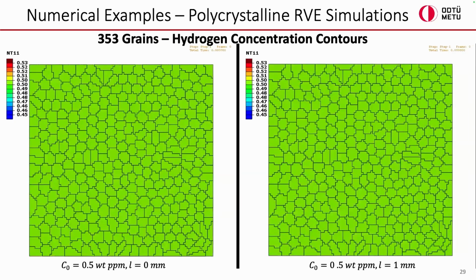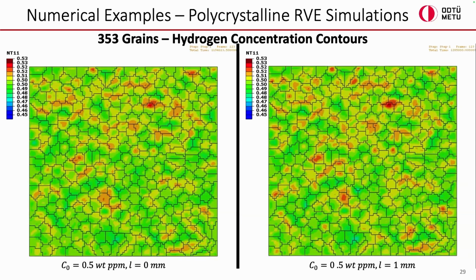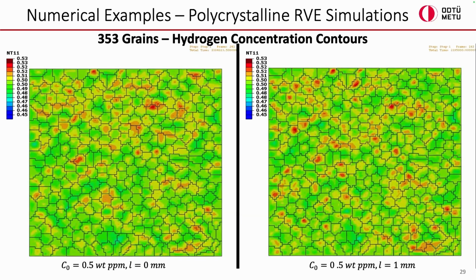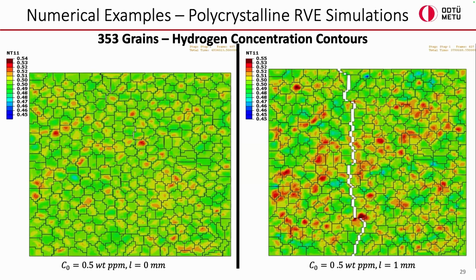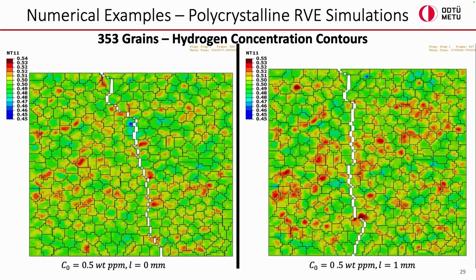And this is the hydrogen concentration contours for local and non-local models. As you can see, just before unloading, again for the non-local model, the hydrogen concentration increased, and it changes the crack path, not completely, but a bit.